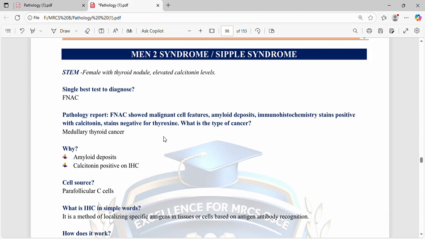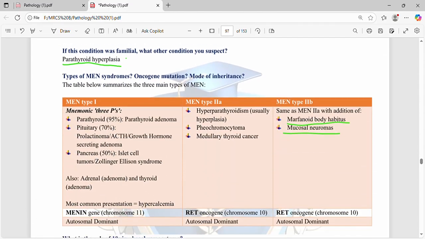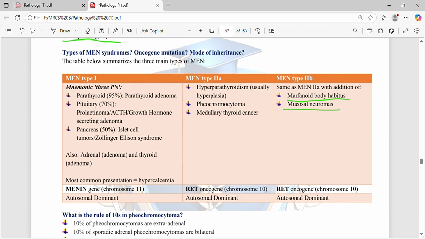Okay, so before jumping into the details, let's have one slide before going into any detail. This is the best thing to study before starting MEN 1 or MEN 2 stations.